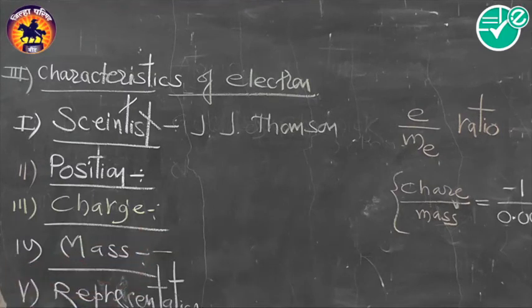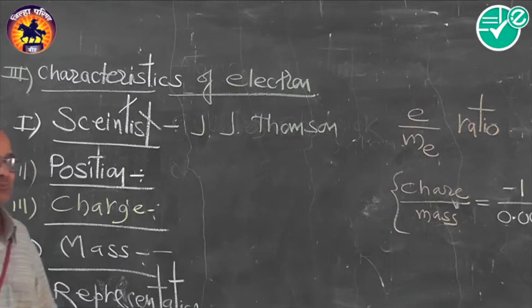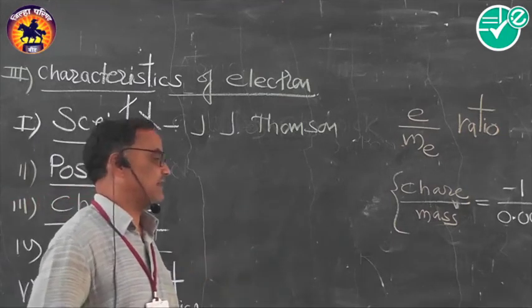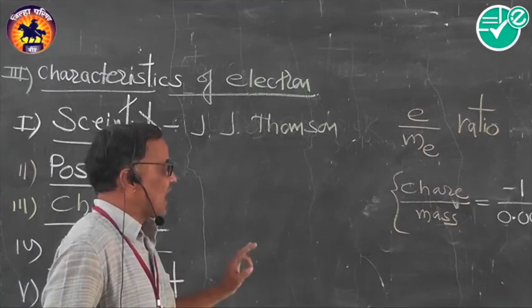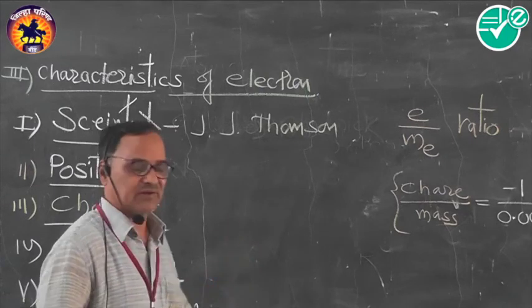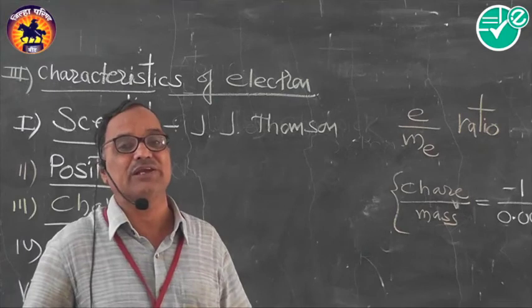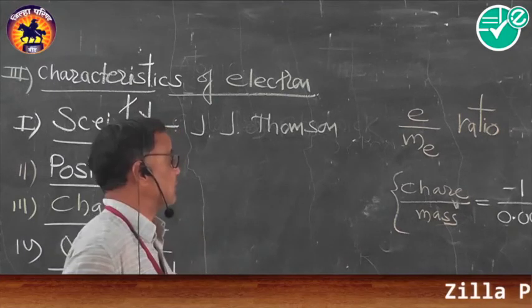For our convenience, it is also taken as 0.00055. This is the mass of the electron. At the same time, we know that the charge on the electron is unit negative, that is -1.